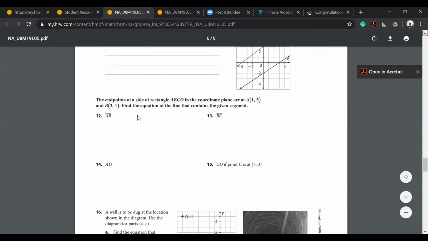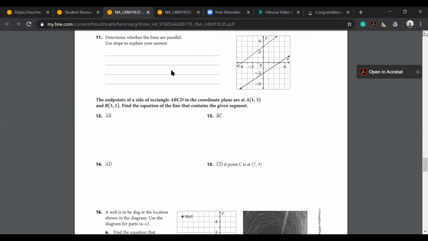Before we read anything, everything is better with a graph, with a figure drawn. So let's draw a figure for ourselves. He's telling me it's a rectangle, right? Okay, let's draw a rectangle.